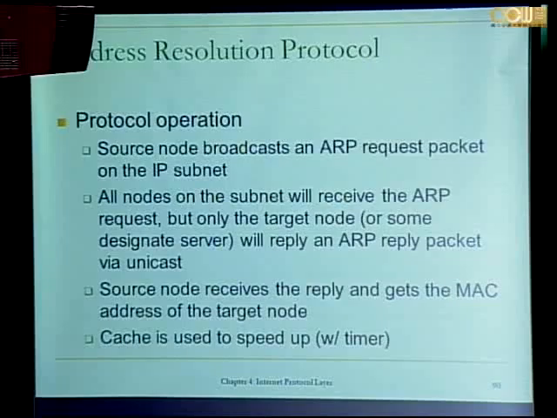Okay, so that's easy. And if you got this MAC address, then you put it into your cache so that next time when you need it, you don't need to ask. You don't need to send ARP again. And that cache, of course, needs a timer, so you might have a cache entry that would expire.